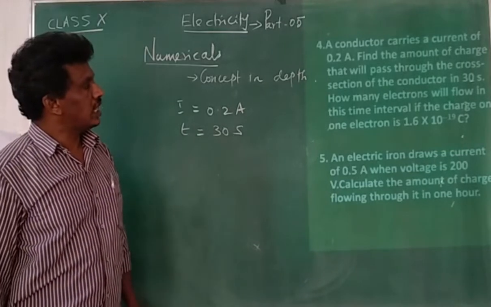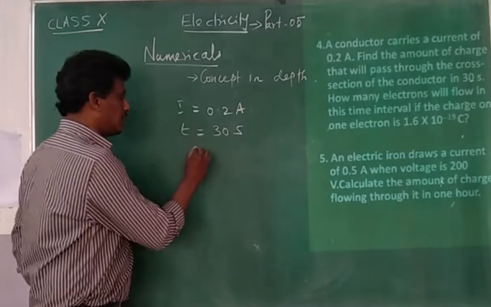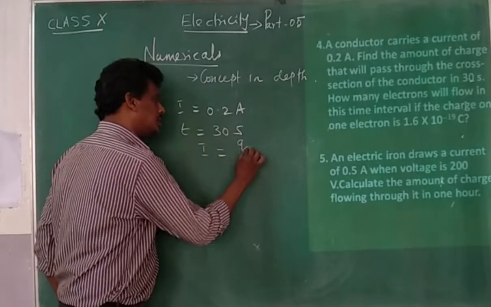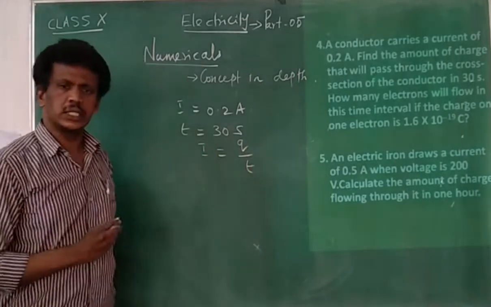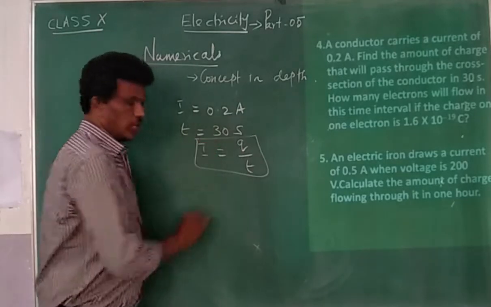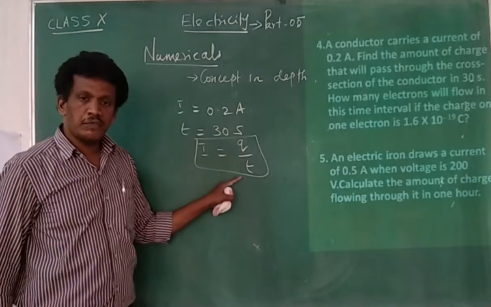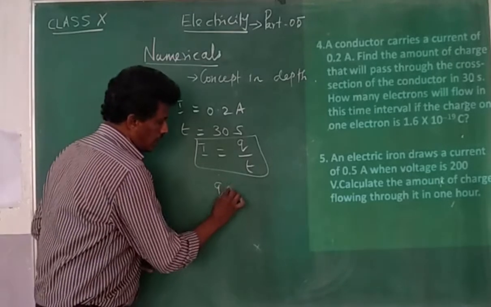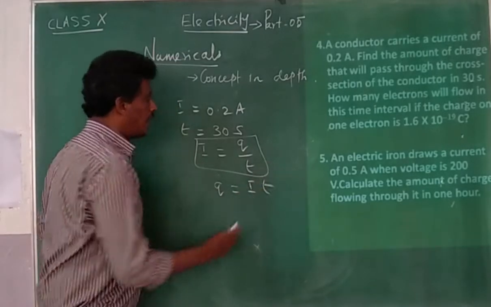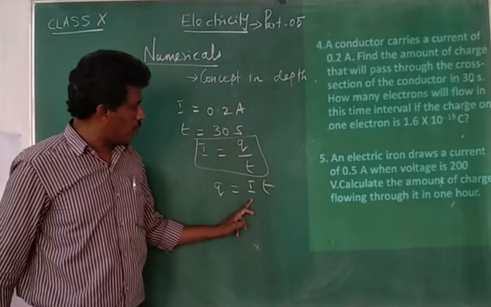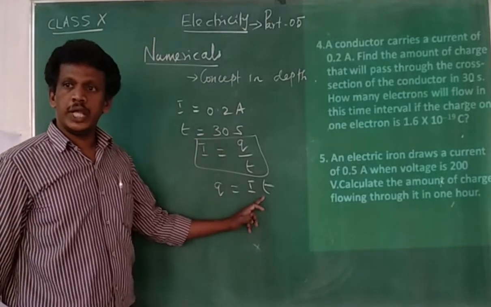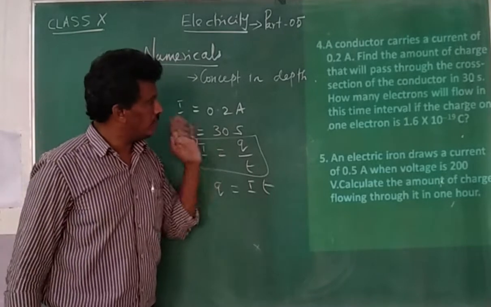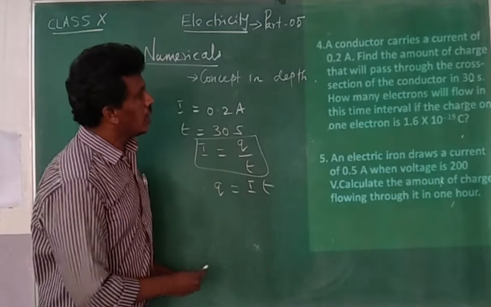First part, the amount of charge Q. What is the basic formula? I equal to Q by T. The rate of flow of electric charge is nothing but current. So Q equal to I into T. I is in ampere, T, time, is in second. Substitute and get the value.